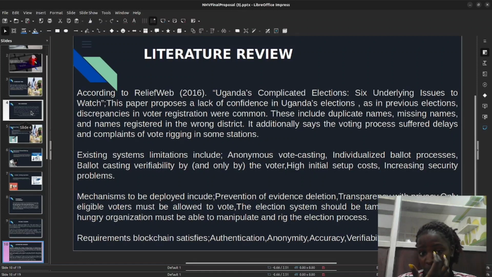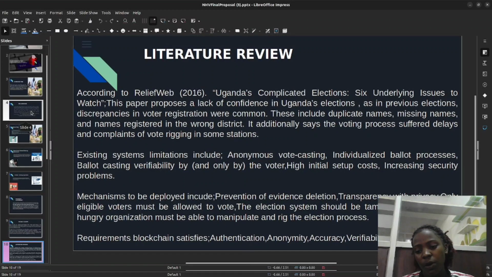So from that document and a number of other sources that we used, existing system limitations include anonymous vote casting, individualized ballot processes, ballot casting verifiability by the voter, and then we also have high initial setup costs and increasing security problems. And so mechanisms that are to be deployed include prevention of evidence deletion.